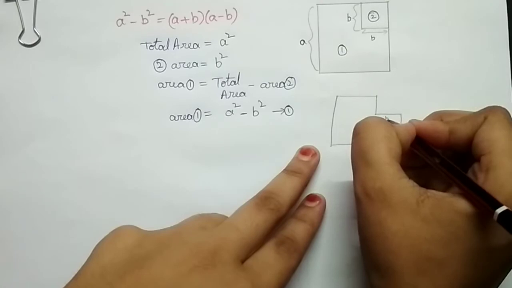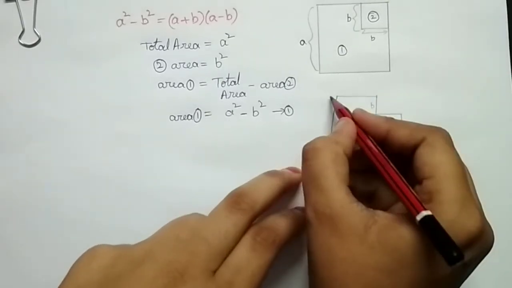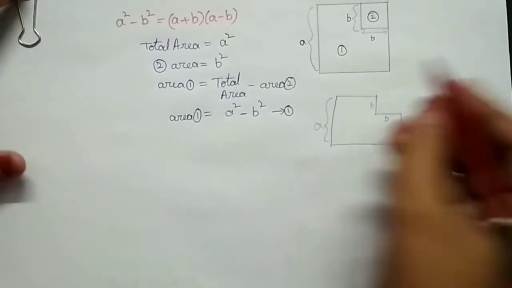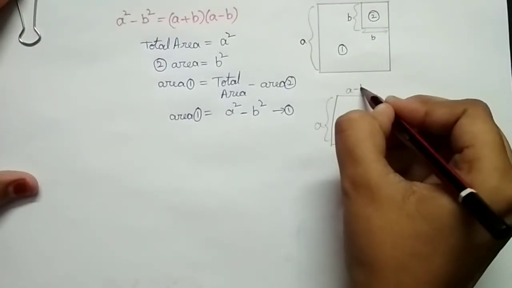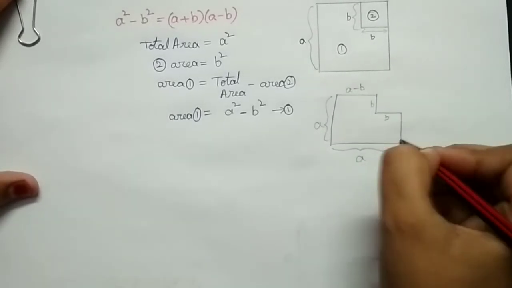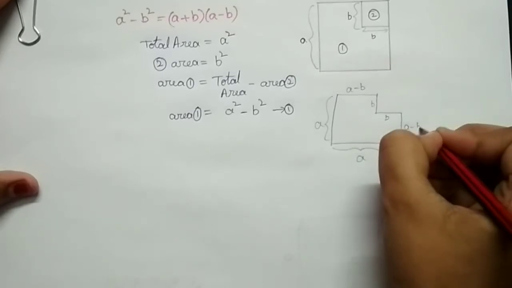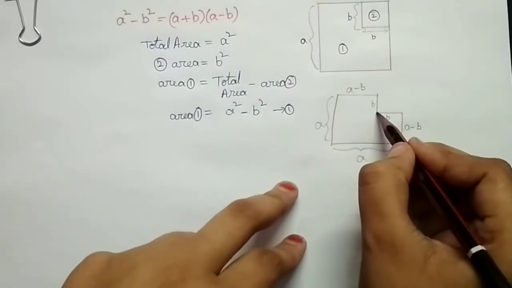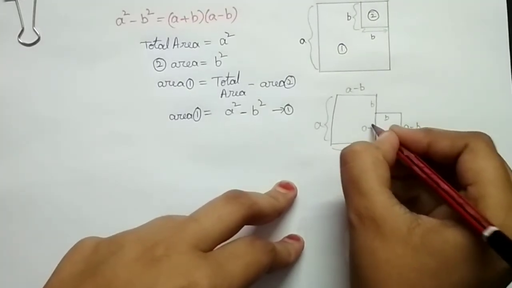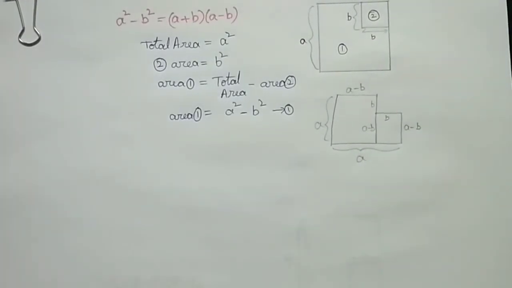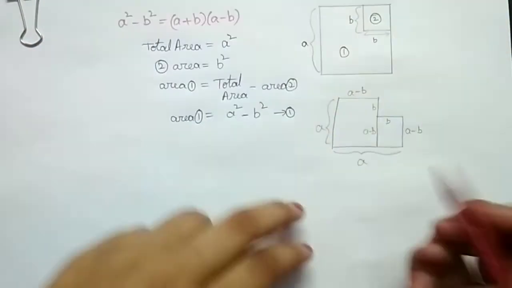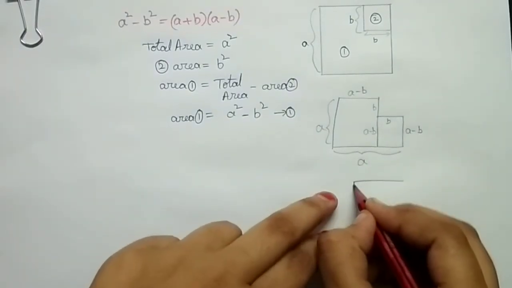So this is the side B, and this full side is A. As we have taken out a B here, this part will be A minus B, this whole part will be A, and this part will also be A minus B. What if I cut this rectangle with A minus B as breadth and B as length, and take this and join it here?